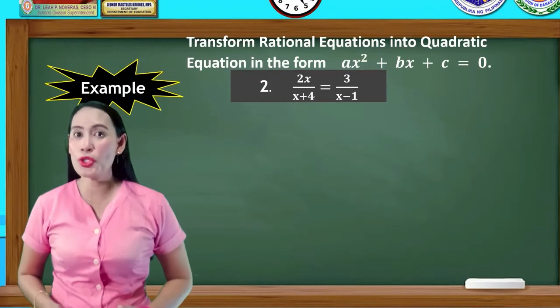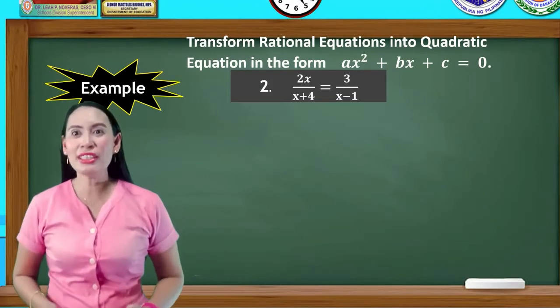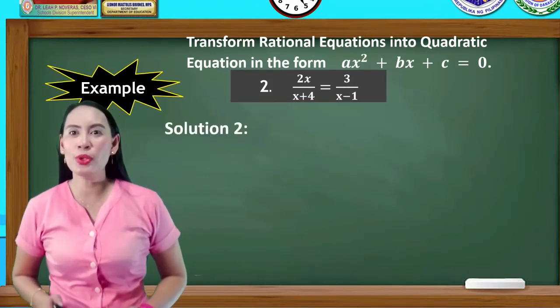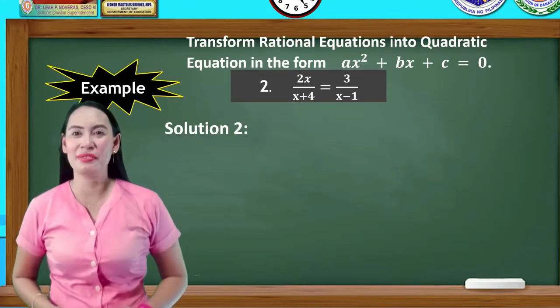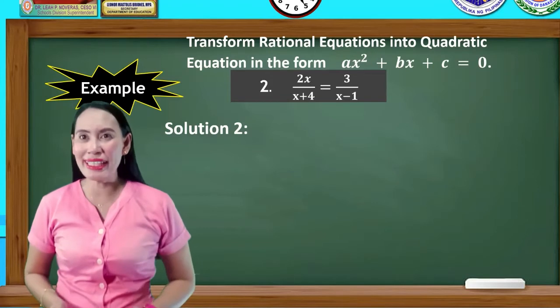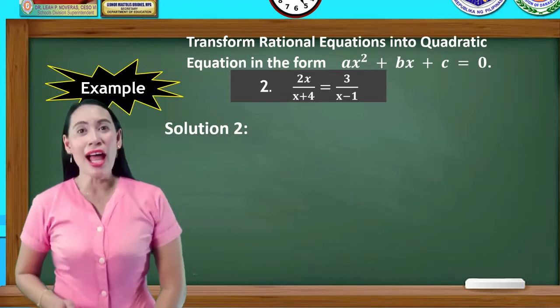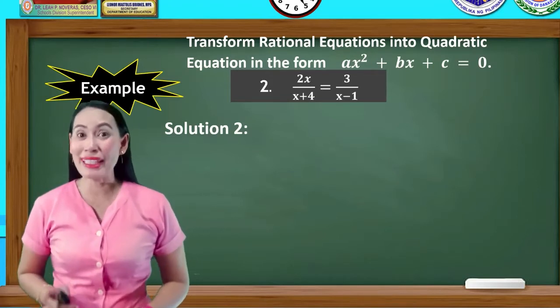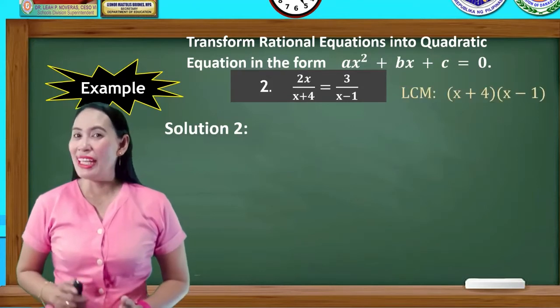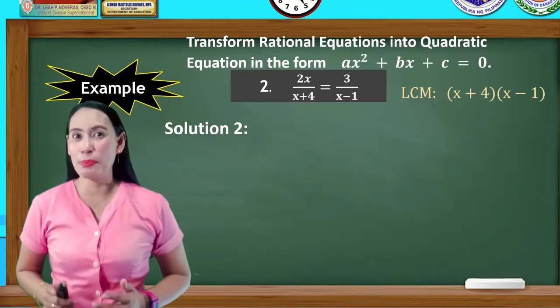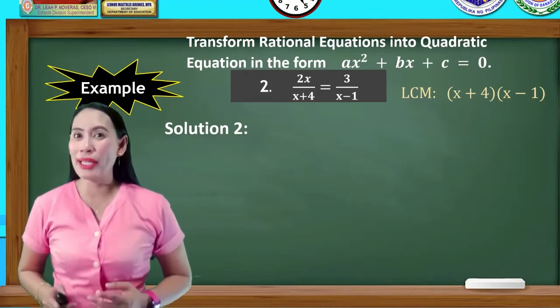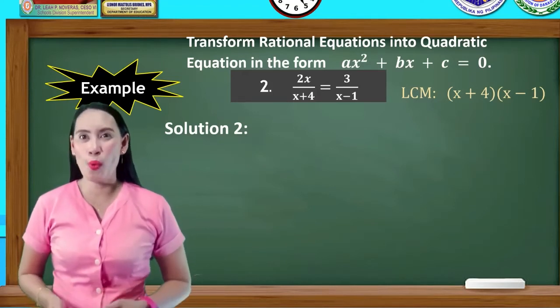Next is solution number 2. In this method, we will be using the multiplication property of equality. We multiply the LCM to both sides of the equation. So what is the LCM? Yes, the LCM is the quantity (x plus 4) times the quantity (x minus 1).